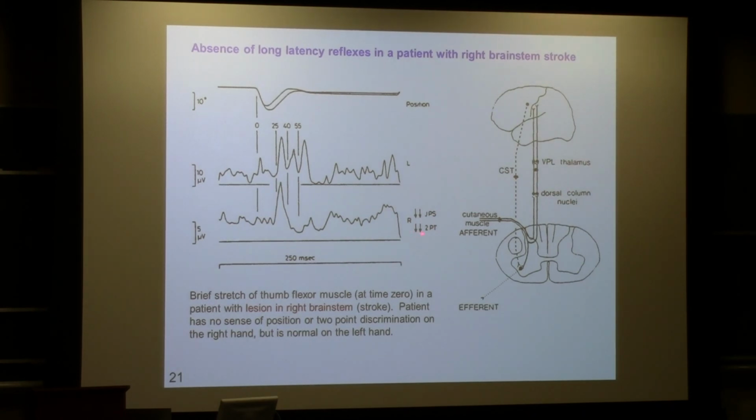You also see 2 PT, 2 arrows down. 2 PT is 2-point discrimination. So what that means is that you take 2 sharp needles and you ask how far apart they have to be before the individual senses 2 points rather than just 1 point.